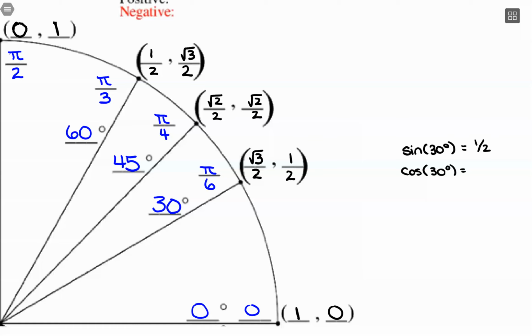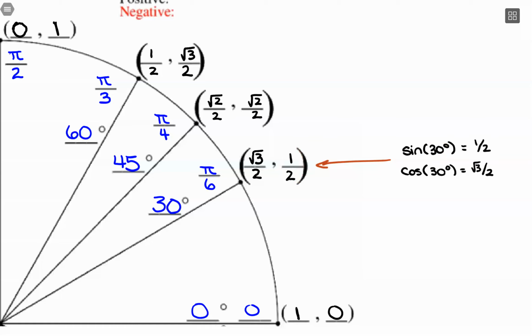Cosine of 30 degrees was root 3 over 2. Relating that to what we're seeing for our coordinates, our cosine value is showing up as the x coordinate, and the sine value is showing up as the y coordinate.